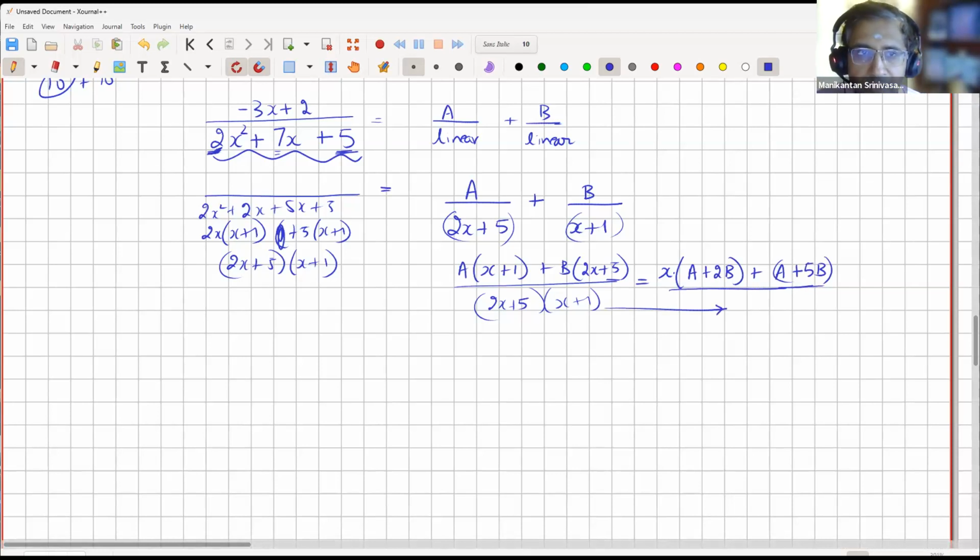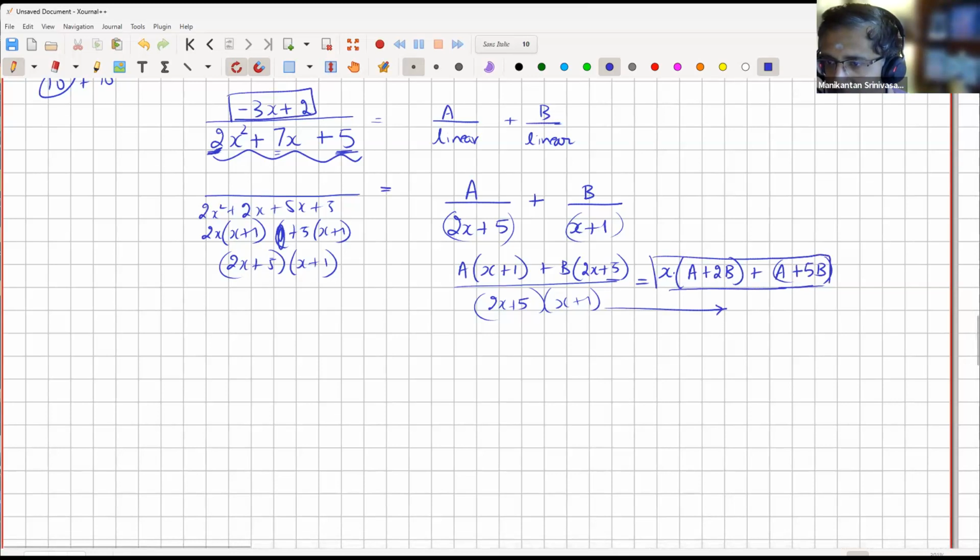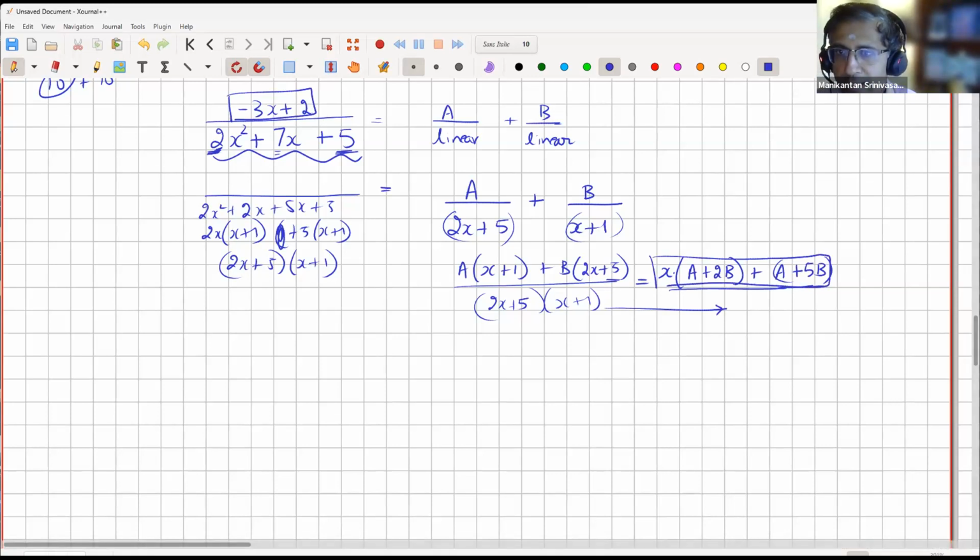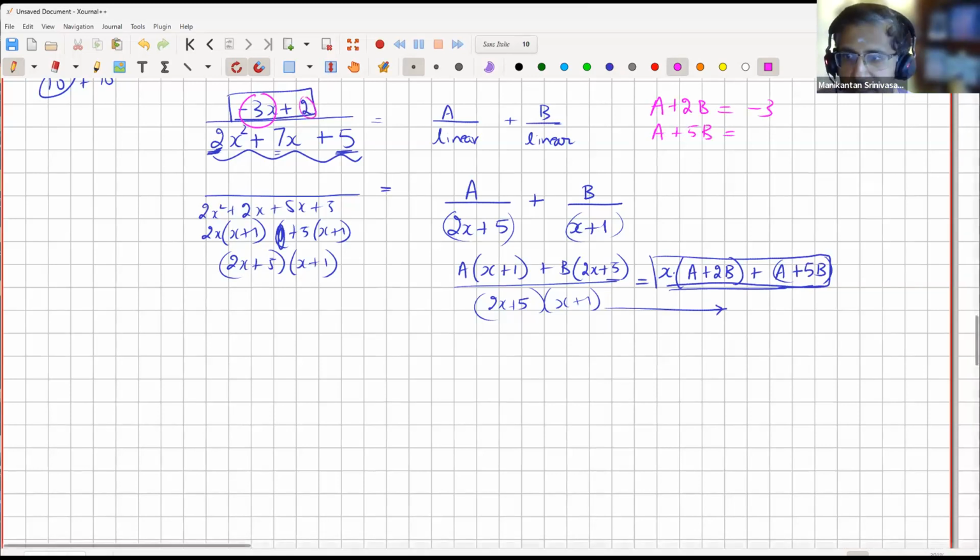Now all I have to do is match minus 3x plus 2 with this. That's easy to do by comparing coefficients, which means my a plus 2b must match my minus 3, and my a plus 5b, the constant term, must match my 2.